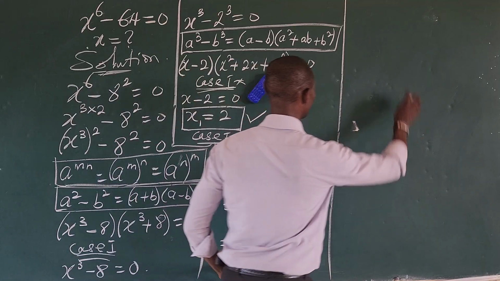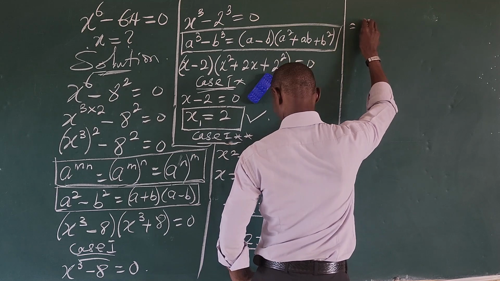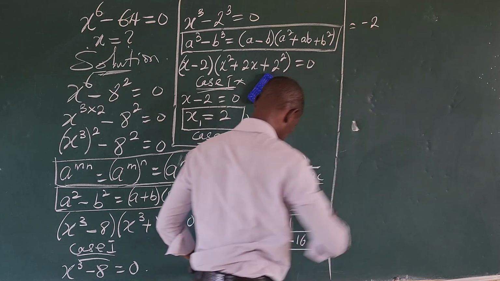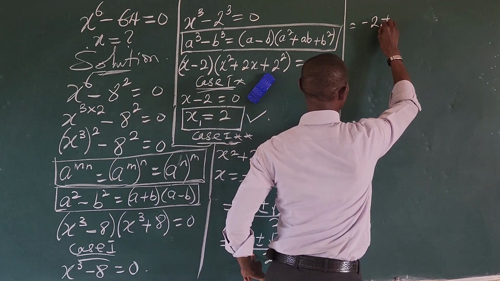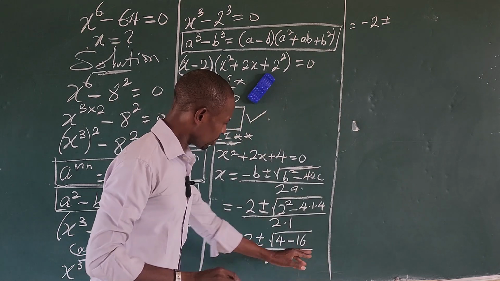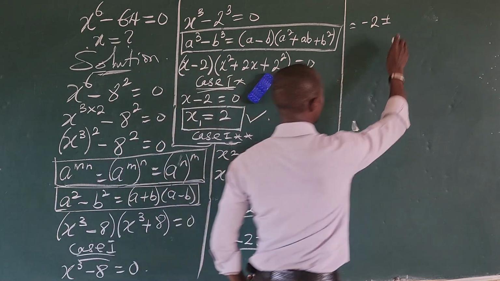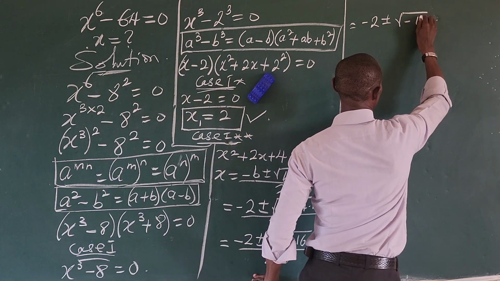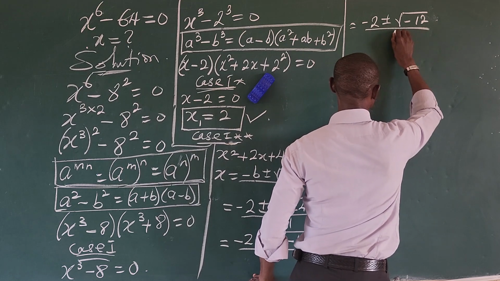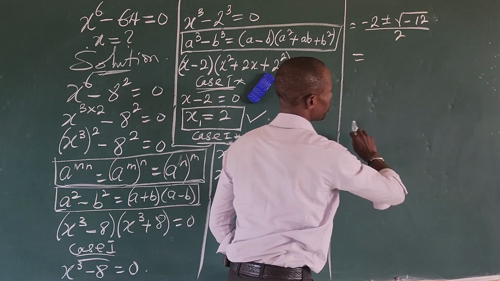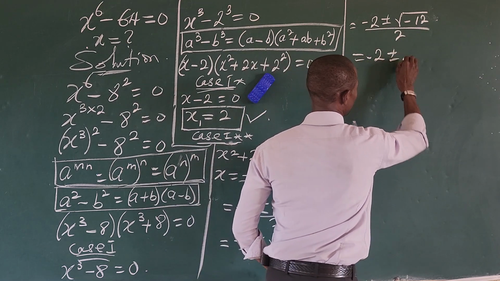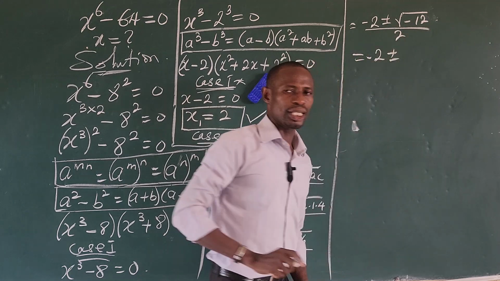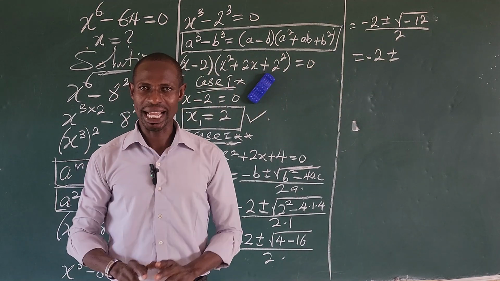So critically, this is equal to minus 2 plus or minus, 4 minus 16 will give us minus 12, right? All over 2. Then this is equal to minus 2 plus or minus. Here we can rewrite 12. 12 could be written as 4 times 3, right?